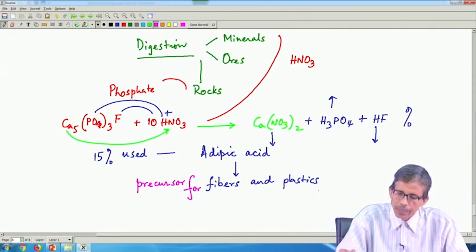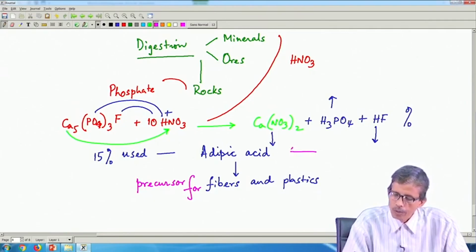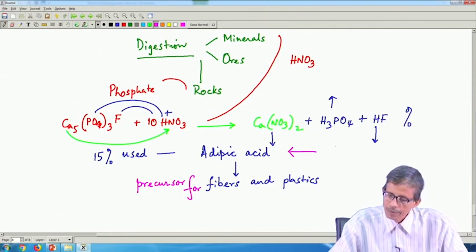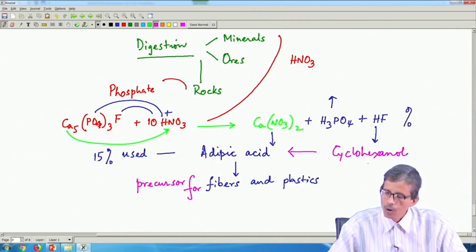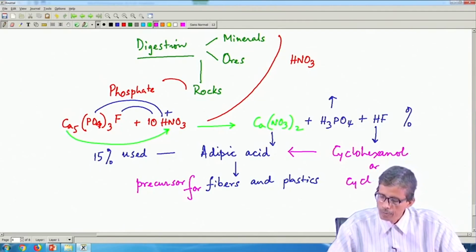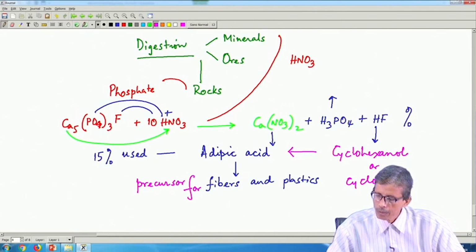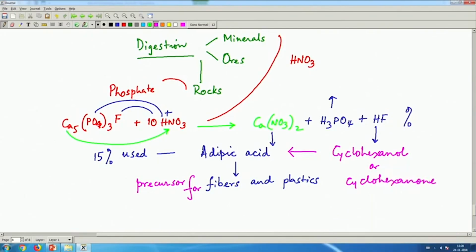which is nothing but a typical product from oxidation of cyclohexanol or cyclohexanone, which is basically a C6 compound, and that C6 compound is converted to a C6 acid, which is adipic acid.